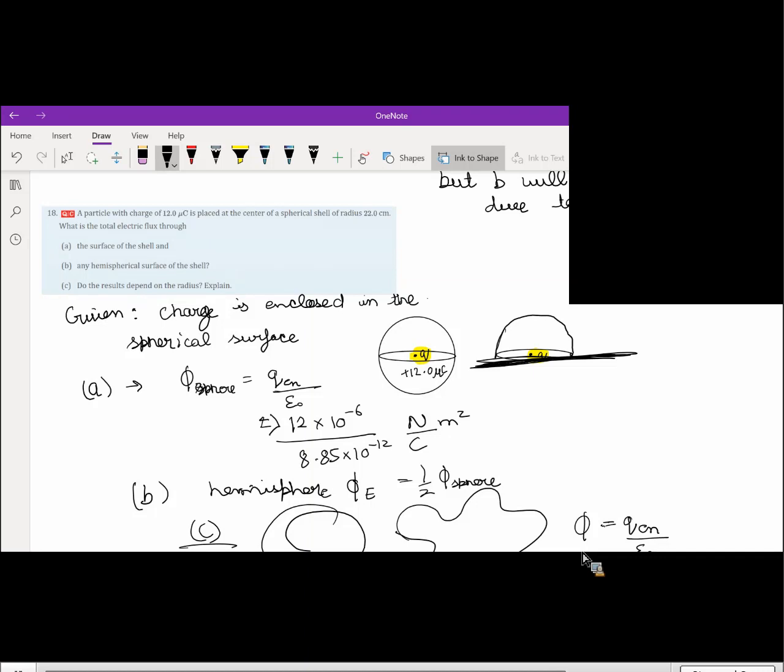Yes, the bottom will get half the field lines. That's why it's exactly half, according to the Gauss law. Thanks. Perfect. Let's go ahead.